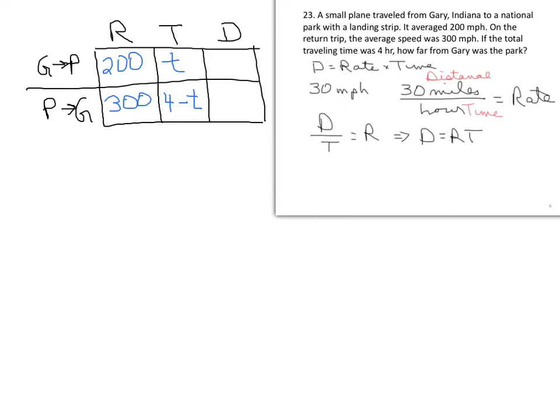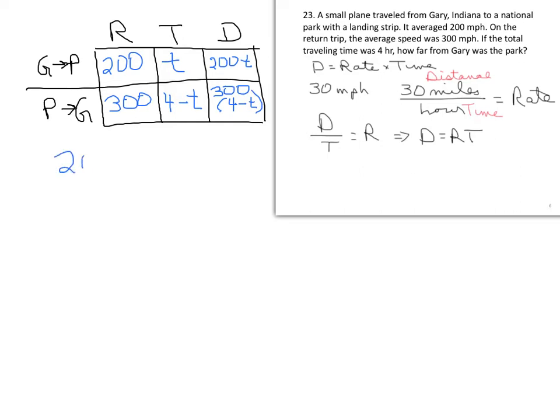And we know that distance equals rate times time, so we don't know what the distance is, but we know it's 200 times whatever the time is, and in the other direction it's 300 times 4 minus the time. And we also know that the distances are equal.